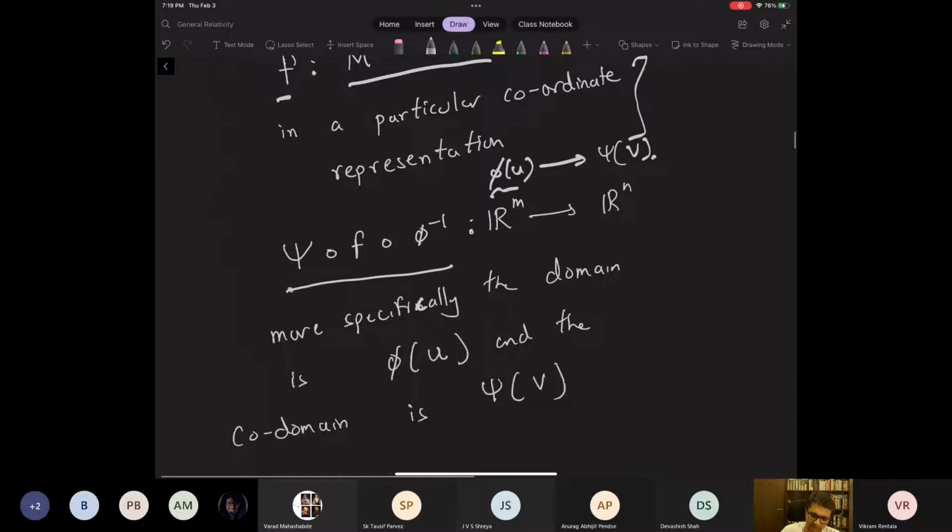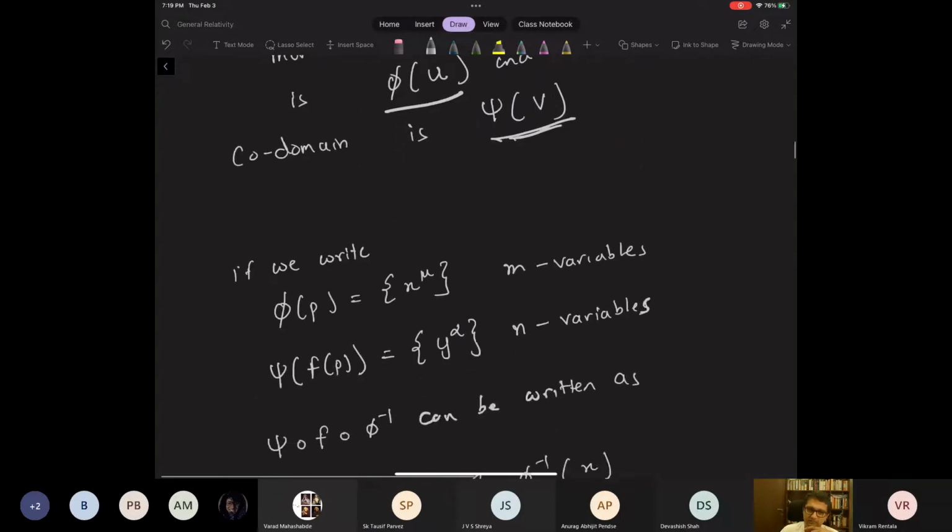This is a map from R^m to R^n. The domain is phi of U, and the codomain is psi of V. So it takes you from phi of U to psi of V. It takes us from one coordinate system on the manifold M to another coordinate system on the manifold N.